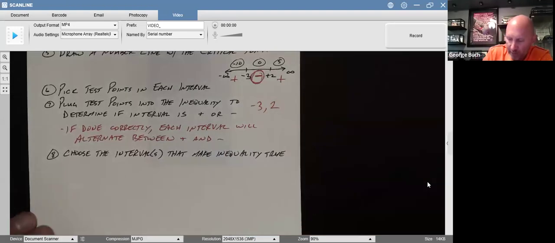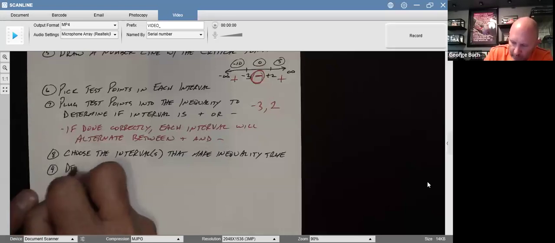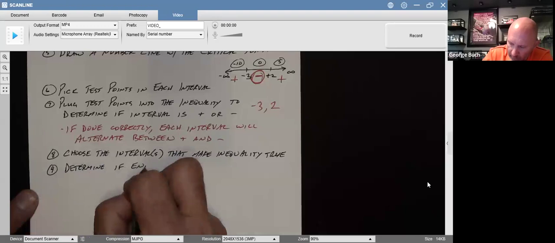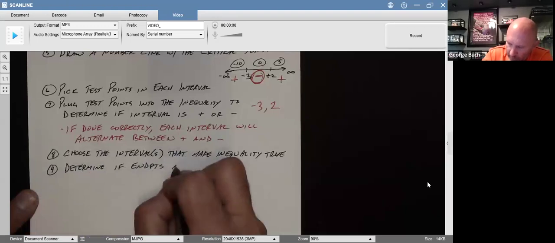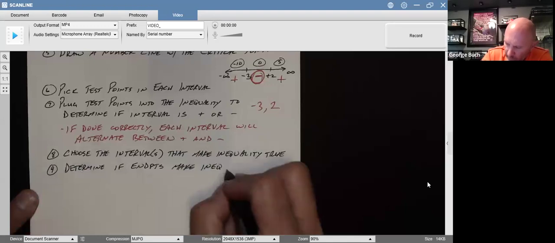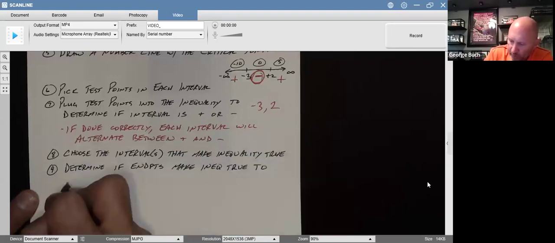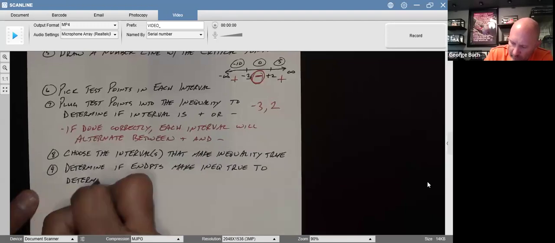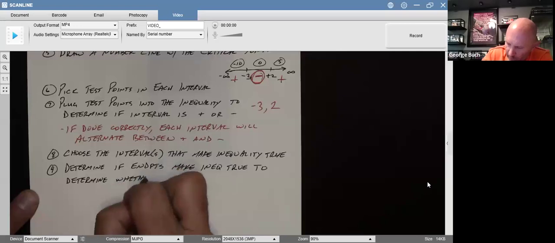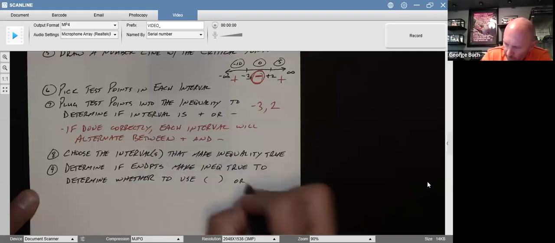And so my last step then is I have to determine if the endpoints make the inequality true, so I can determine whether to use parentheses or brackets.